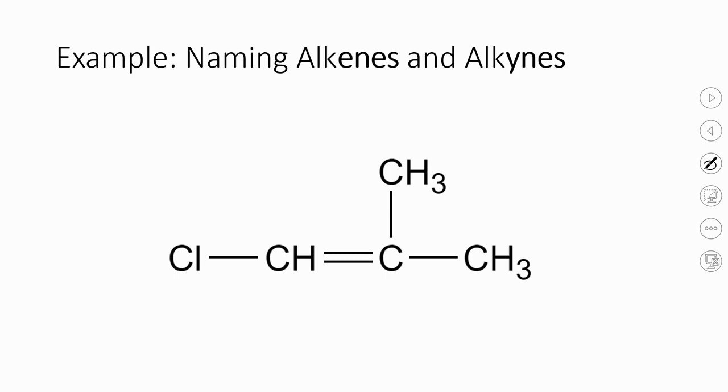Start from the C. 1, and 2, 3, 4. Oh, you don't have that. Yeah, you only count carbons. Okay, and then we want to reduce the double bond. So start from that end. Okay, so we're good. 1, 2, 3.